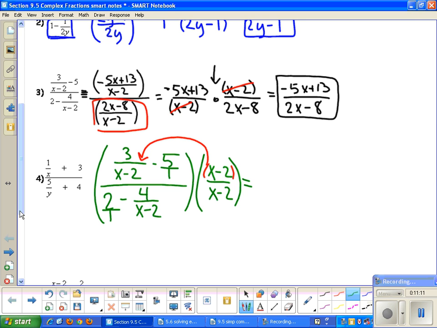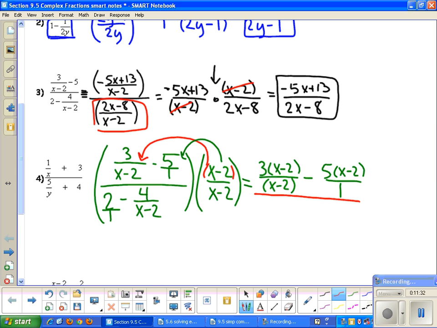So if we're multiplying that over by that term, you would have 3 times x minus 2 over x minus 2, and then minus, for the next one, you would have this times this, so minus 5 times x minus 2 over 1. And then this is all going to be divided by, now I'm going to do my denominator.